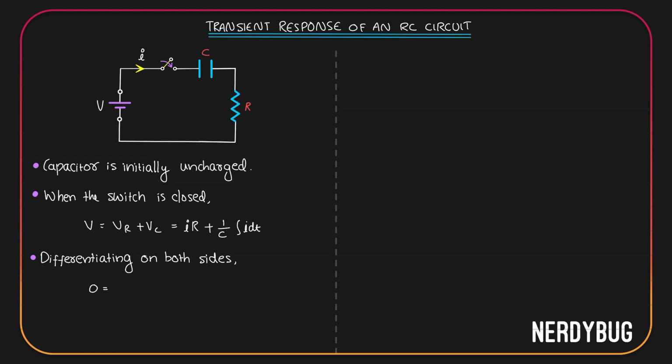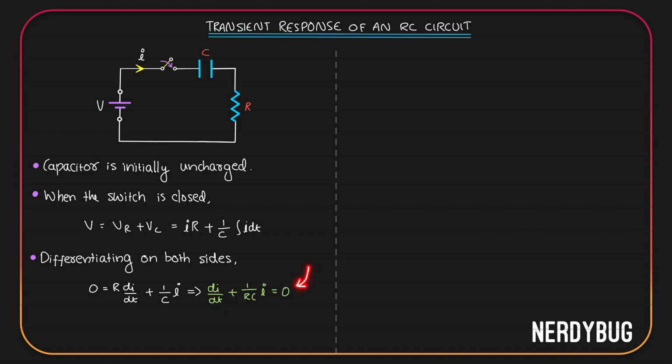R is a constant, so if you differentiate it, you will get R di by dt plus 1 by C. Derivative of integral of I dt is simply I. Let's divide the entire equation by R. So we get 0 is equal to di by dt plus 1 by RC I. Or we can write di by dt plus 1 by RC I is equal to 0.